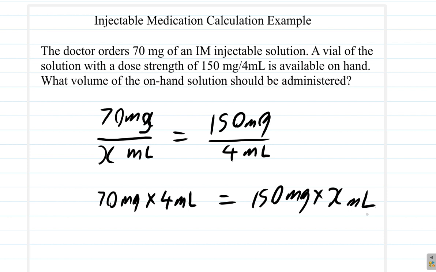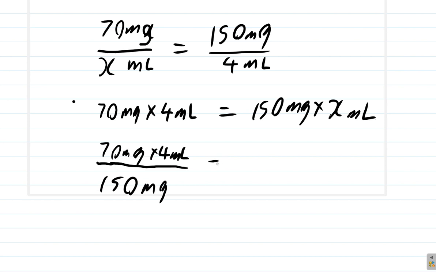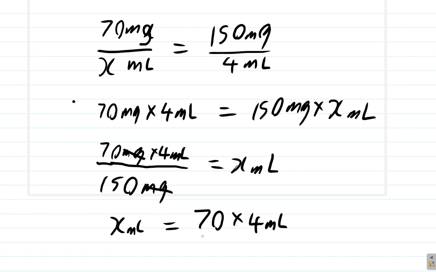So, if you now divide by 150 milligrams, you get 70 milligrams times 4 milliliters divided by 150 milligrams equal X milliliters. Now we'll have milligram cancel milligram, leaving milliliters. Let me put the X over on the left hand side here. X milliliters is equal to 70 by 4 milliliters divided by 150.